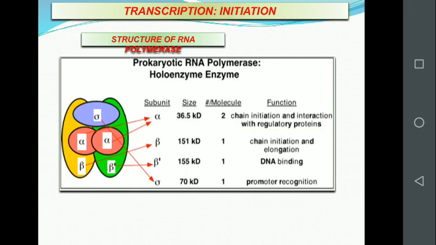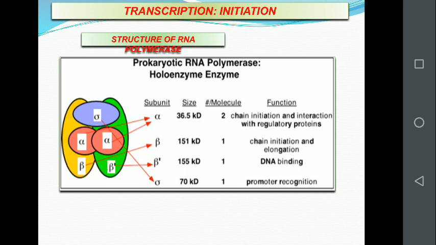In the initiation, the RNA polymerase binds the promoter site and unwinds the double stranded DNA, and it starts the synthesis of RNA on the template strand. Those three things happen during the initiation process.